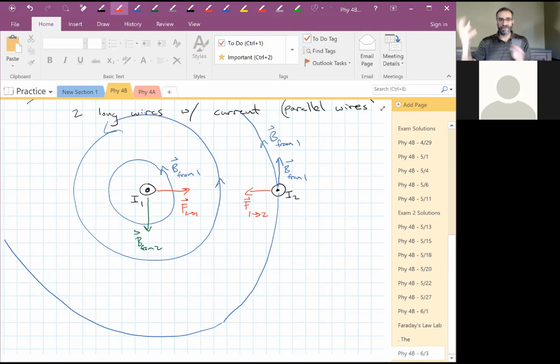And then you reverse it, and you say wire 2 actually is also filling the space around it with a magnetic field, and wire 1 is carrying a current in that magnetic field, and figure out the forces. It turns out that if the currents are in the same direction, you get attraction. The wires attract. If they're in opposite directions, then the wires repel each other. I can never remember that. I have to work it out every time like this.